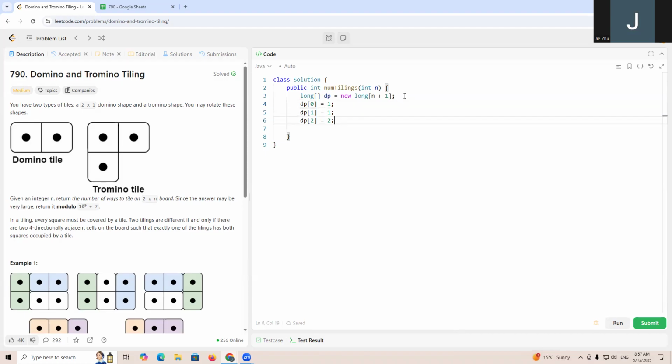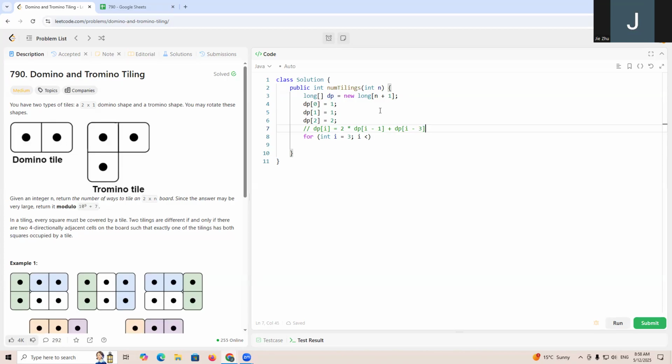So for int i equals 3, i smaller than or equal to n, i plus plus, we notice that dp[i] equals 2 multiplied by dp[i-1] plus dp[i-3].